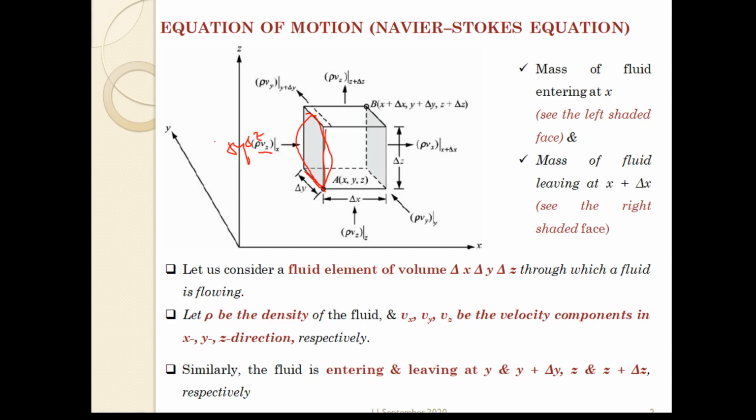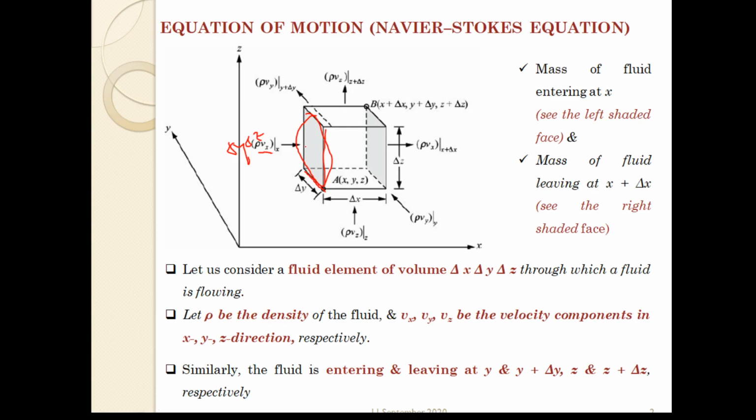This del y del z rho vx is the mass coming in through this face. Momentum is mass into velocity, so we have the mass del y del z rho vx at x, multiplied by the velocity vx. So the rate of momentum coming into the control volume at the x face will be del y del z rho vx into vx at x.